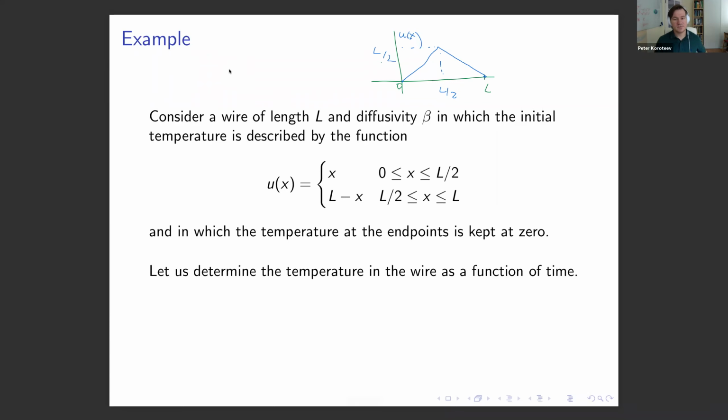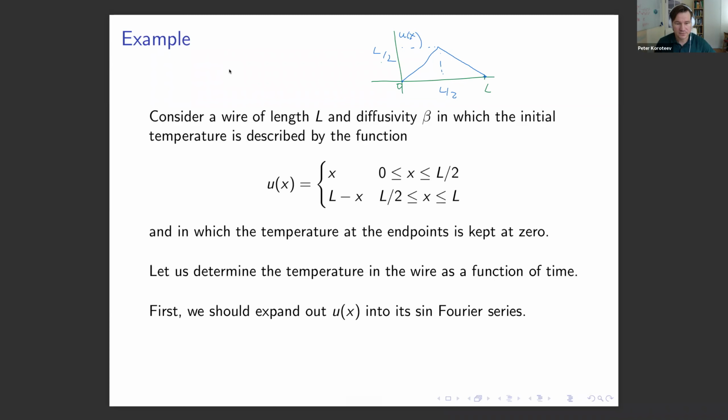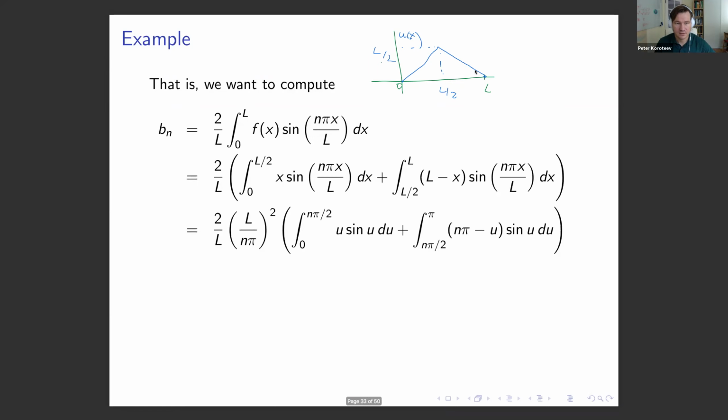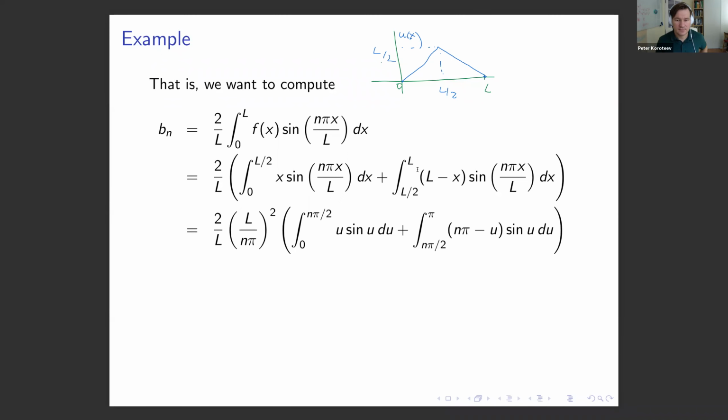Let us determine the temperature in the wire as a function of time. So first, we should expand this function u of x into its sine Fourier series. Well, we know this. We need to compute those coefficients b sub n, integrating f times sine of n pi x over L. Of course, we break the integral into two, from 0 to L over 2 and from L over 2 to L, because the function is given piecewise, right?